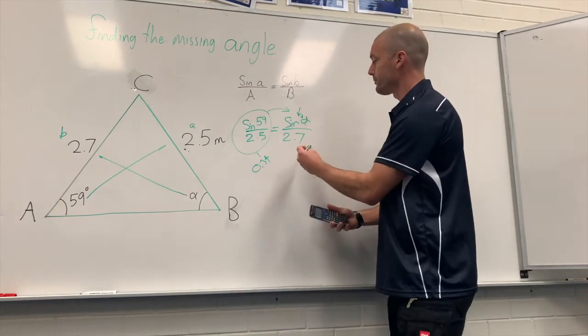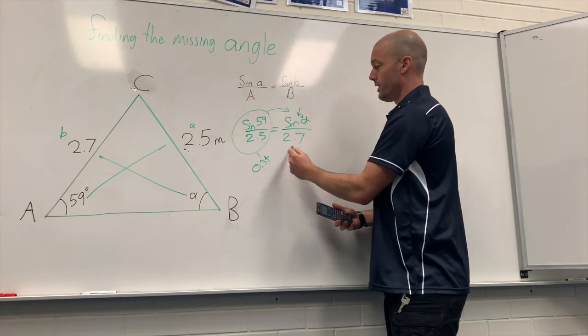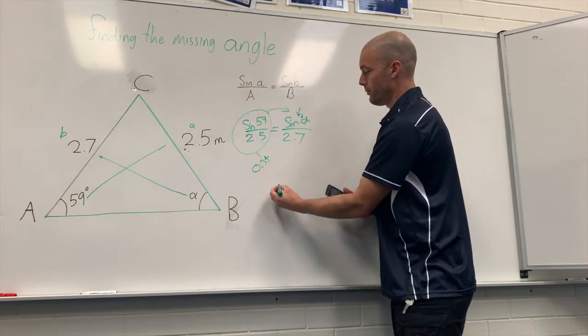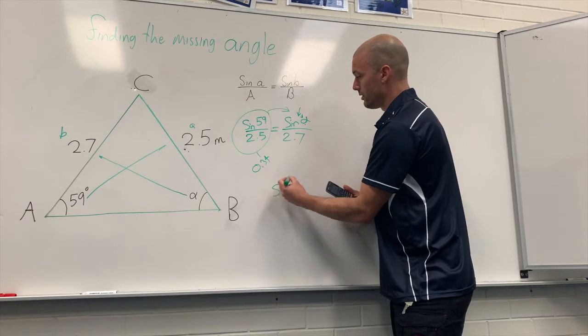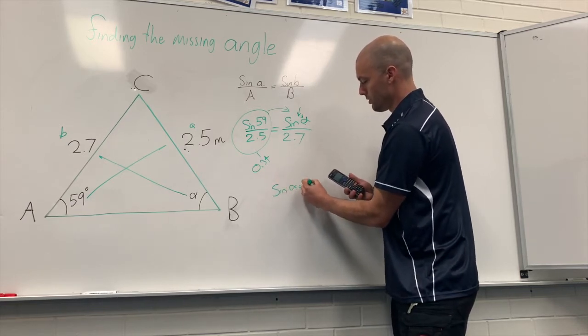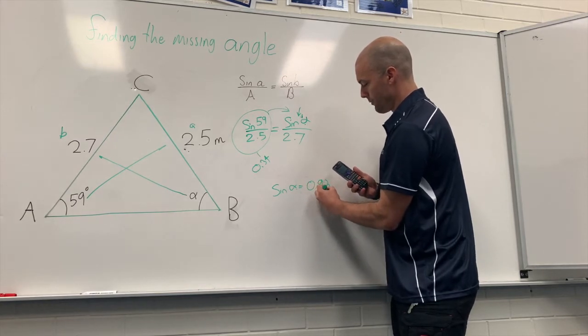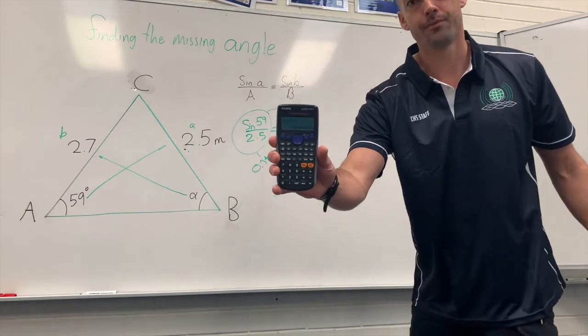Okay, so I've timesed it by 2.7, and I'm left with the sine of the angle, which equals 0.93, and a few others.